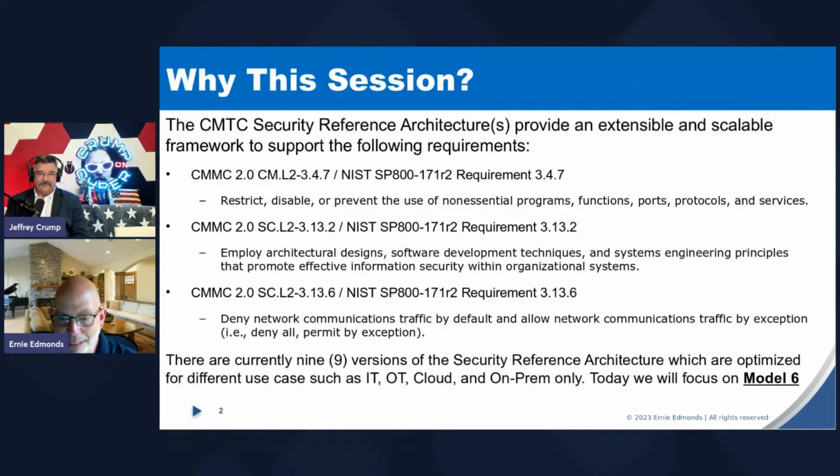And currently we have a number of these architectural models. Some of them are IT centric. Some of them are IT/OT centric. Some involve the cloud, some are on-prem only, but today what we're going to focus on is Model 6. This whole model is designed around the value of the data.